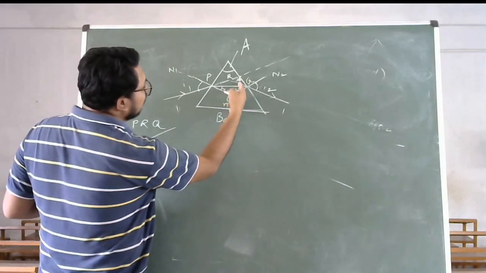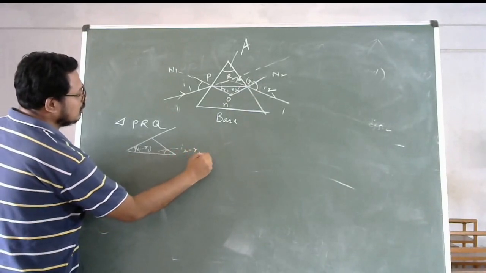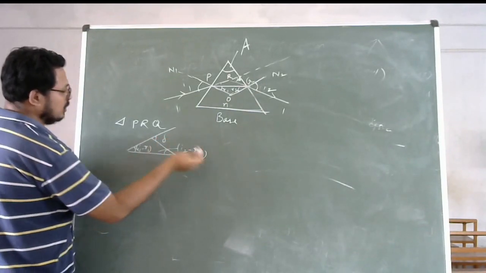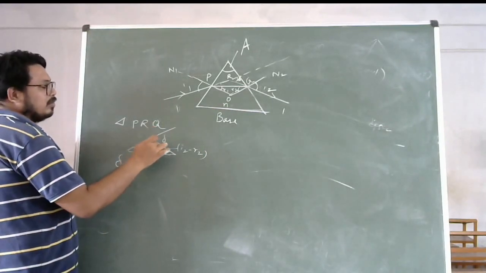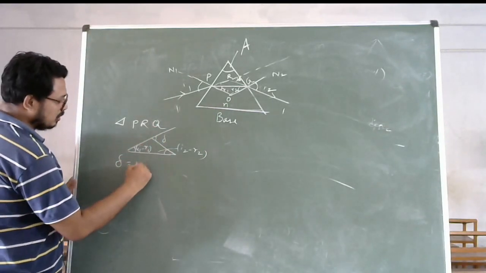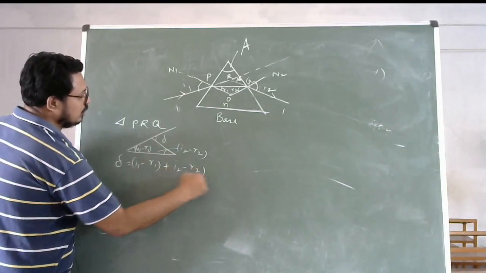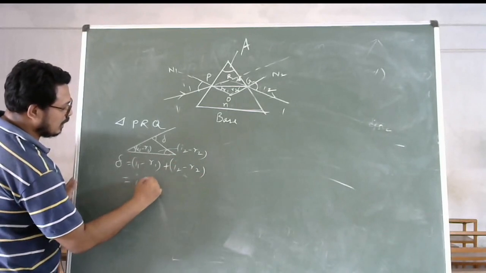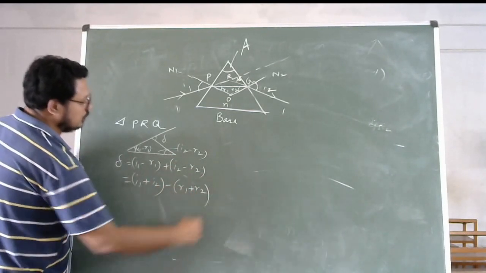Same way, this one is I2, you can find this angle as I2 minus R2, and this one is delta. So what is the relation between them? Delta, we know that the external angle is the sum of the internal angles, so you can find I1 minus R1 plus I2 minus R2. By opening the bracket you get delta equals I1 plus I2 minus (R1 plus R2).